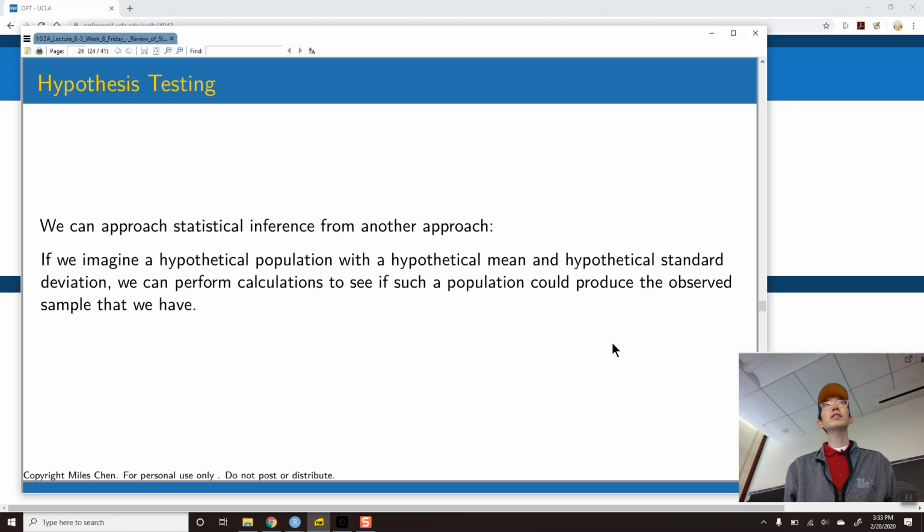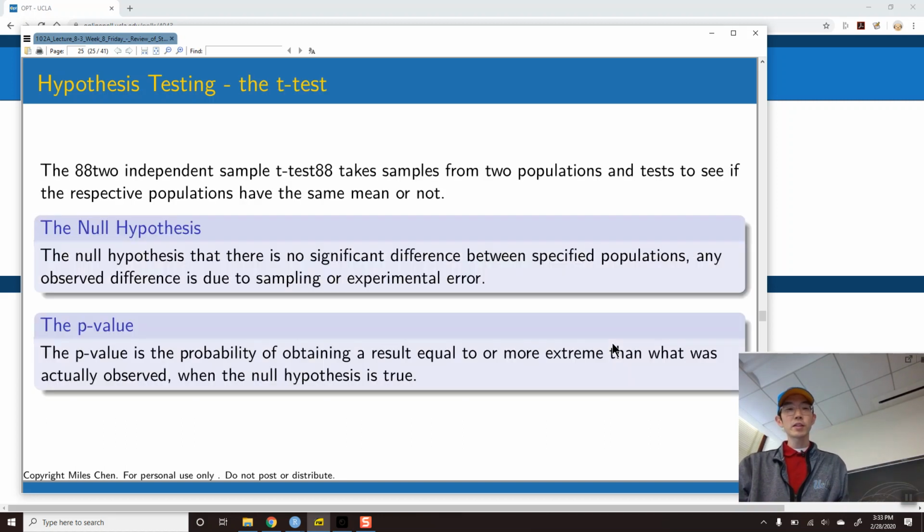That's the idea behind a hypothesis test. The two independent sample t-test takes samples from two populations and tests to see if the respective populations have the same mean or not. So you've got sample 1 and sample 2. Sample 1 came from population 1, sample 2 came from population 2, and the question is, do population 1 and population 2 have the same mean, or are they different means?